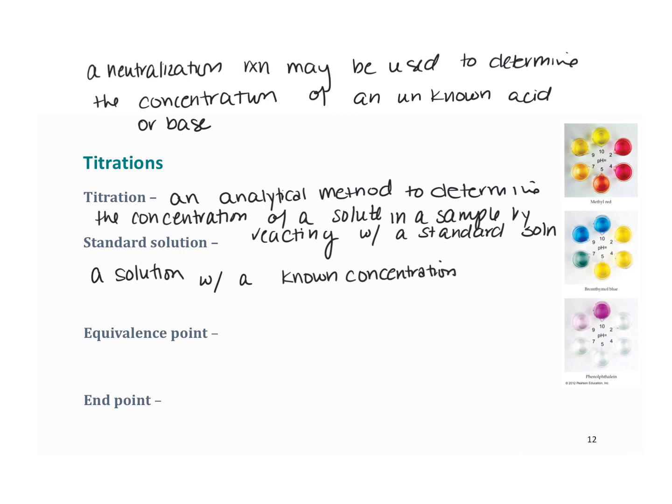And so generally how this works is you will have a flask here. So there's my friendly flask, and there's going to be some liquid in it. That liquid has a known amount and an unknown concentration.